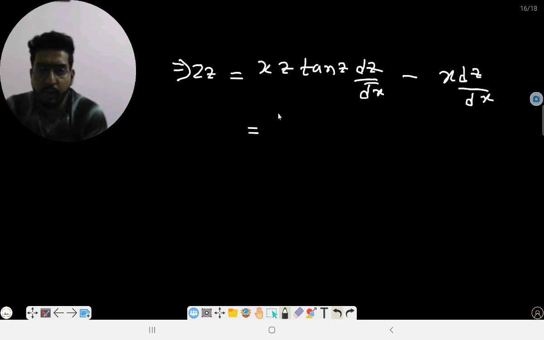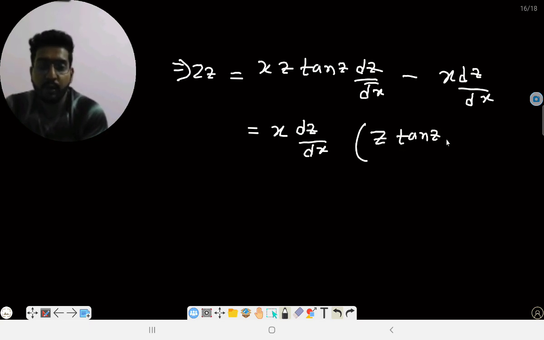Now from here we can take x dz/dx common here. So what will be the remaining term? z tan z minus 1. So that is the remaining term, 2z here.